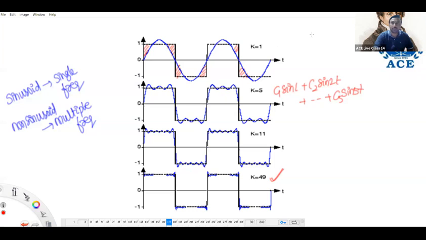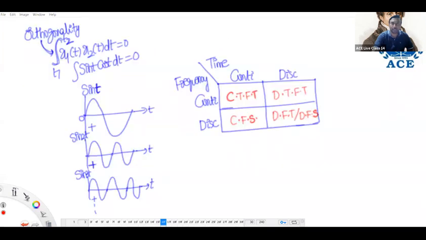So what are the four forms of frequency domain analysis we are learning? Continuous Fourier series, CTFT, DTFT, DFT, and DFS. For this chapter, time is continuous, frequency is discrete.